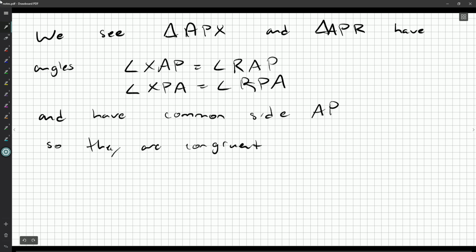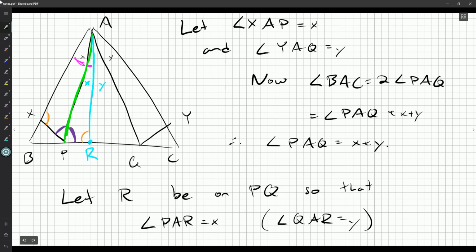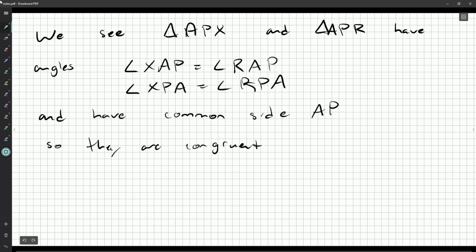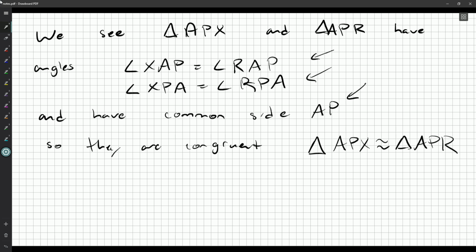And as long as we've got this nice little picture here, we can just say similarly AQR and AQY are congruent. Or you can write the same thing up, but you need one side and two angles to be the same. Okay? So angle side angle congruency.